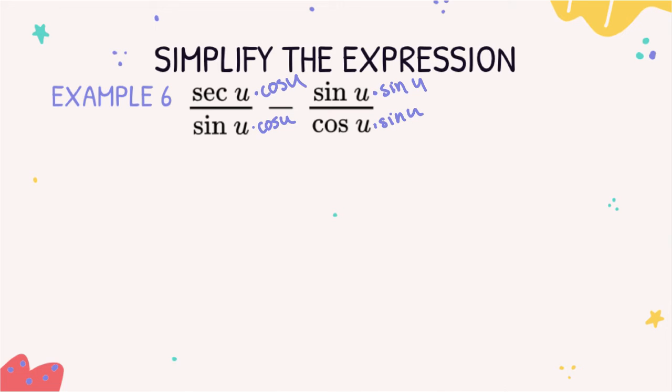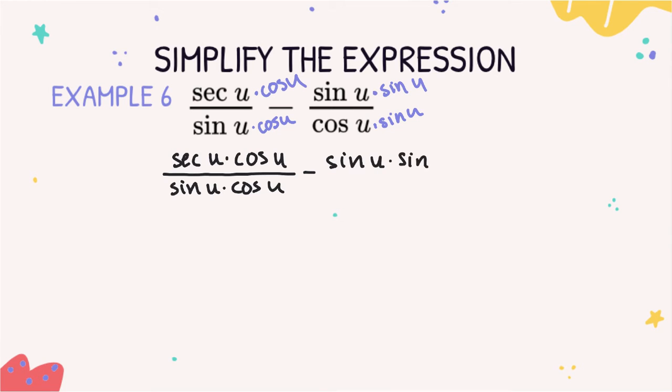So this on the left becomes secant u times cosine u over sine u times cosine u minus sine u times sine u over cosine u times sine u. So now I have a common denominator and I can combine these two terms.